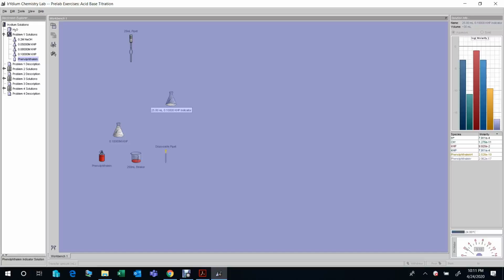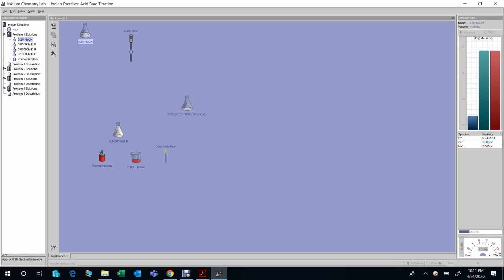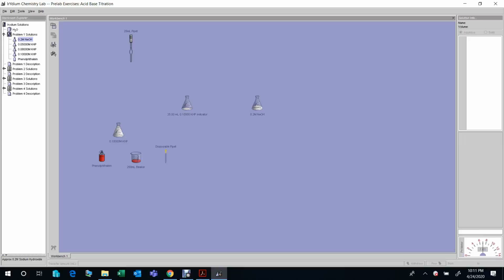Okay, so now we need to fill the burette with sodium hydroxide, right? Before we do titration. And here's 0.2 molar sodium hydroxide. So this is a solution. And then we need to find a burette.